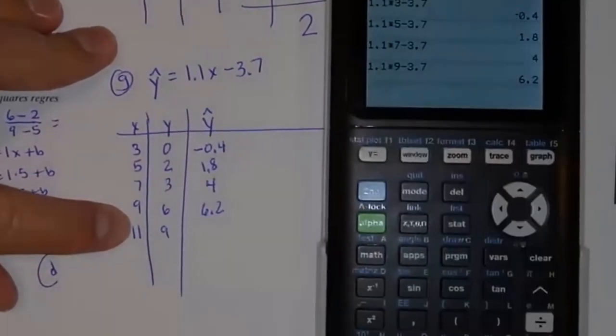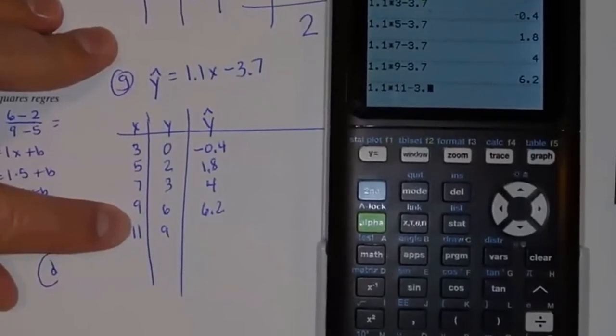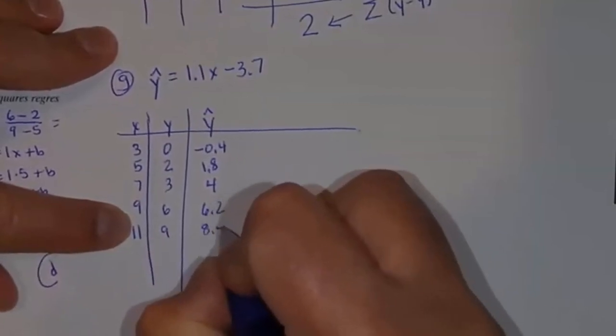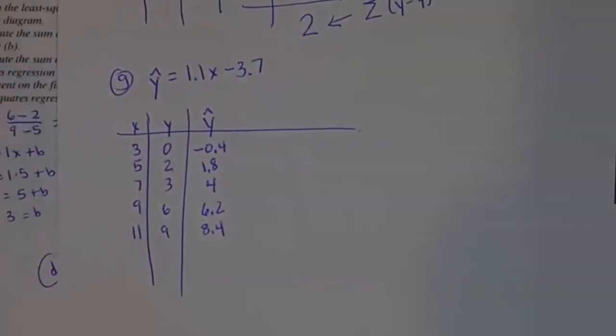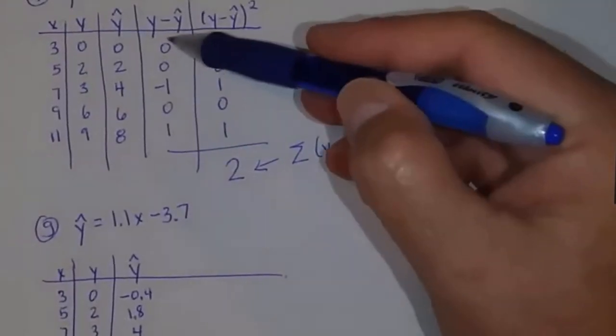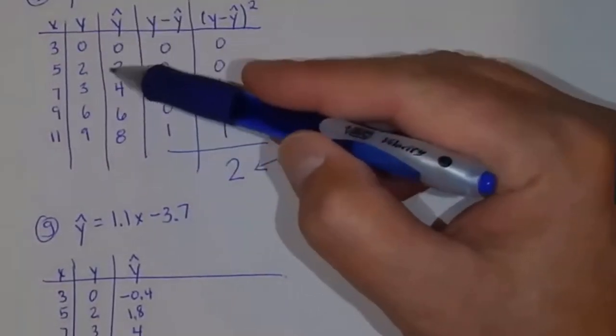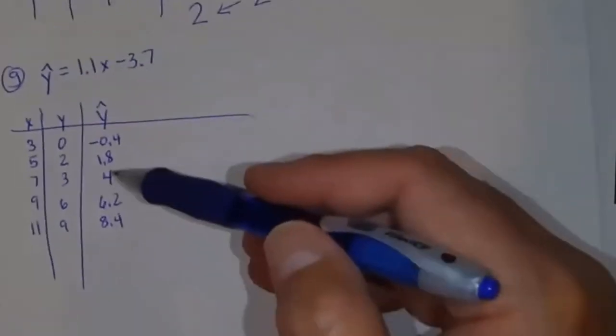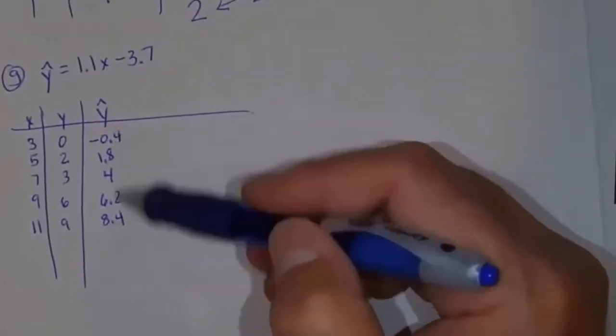And last but not least, 1.1 times 11 minus 3.7, that is 8.4. So again, look at this. Up here, 3 of our 5 points, our predicted y value was exactly the same as the observed y value. There were only 2 differences. For all of these, we were off.